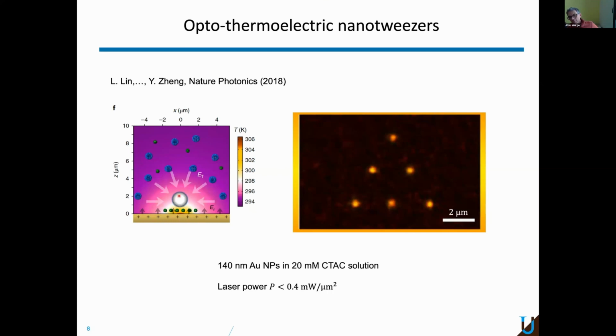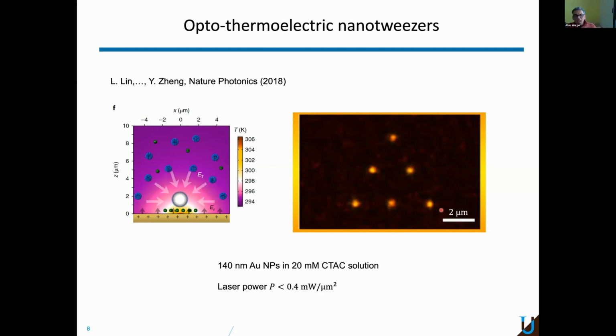Now you have colloidal particles, which are positively charged because the CTA ions adsorb on the surface, and so you can easily trap them with very low laser power, less than 0.4 milliwatts per micrometer squared here. So you can trap these particles at any positions, and you can play around and build structures with these particles. You can do a lot of different things.